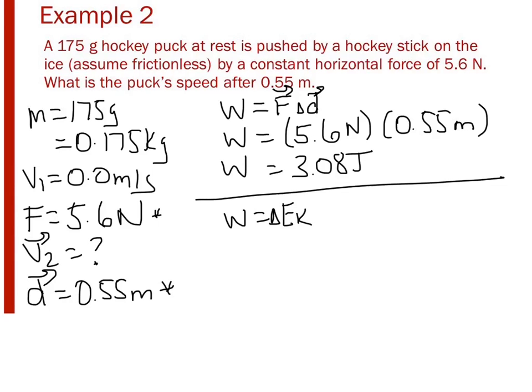So that means we can write this as mv2 squared over 2 minus mv1 squared over 2 equals our work. So we have our v1, we have our mass, we're looking for our v2, and we have our work. So let's go ahead and put in what we know.